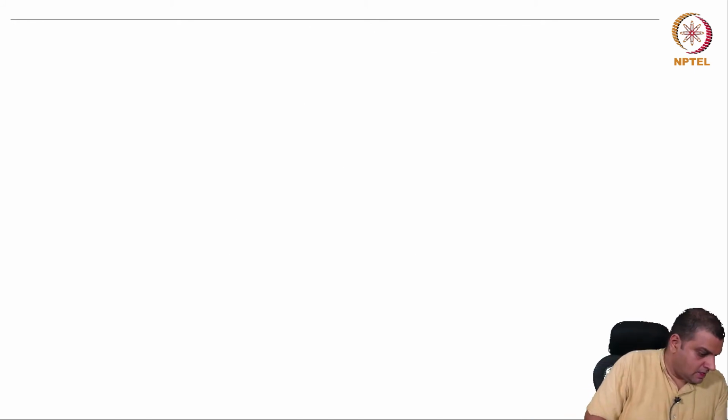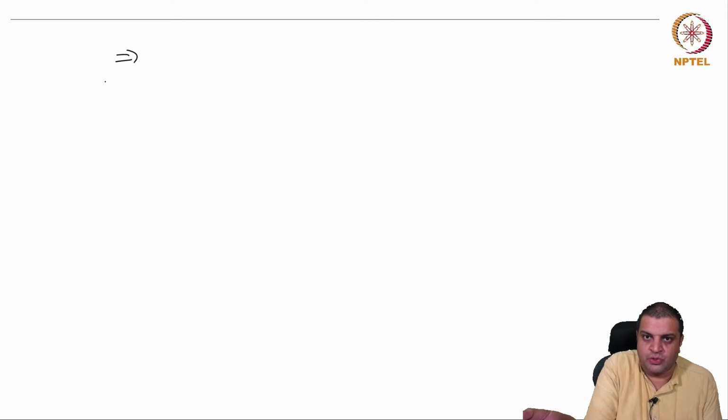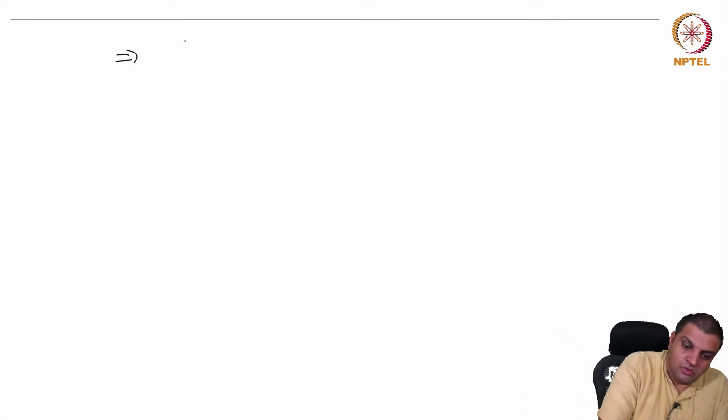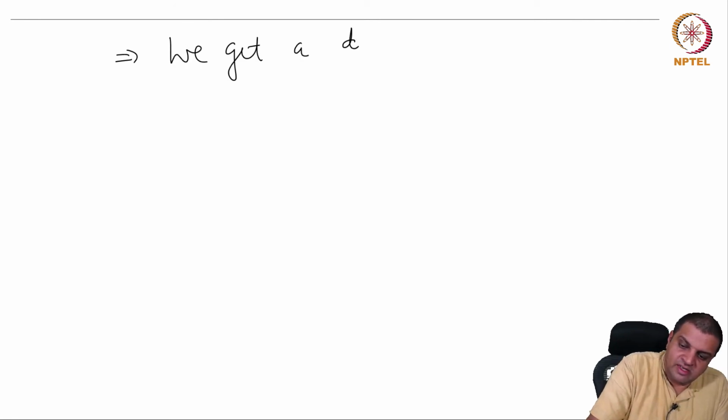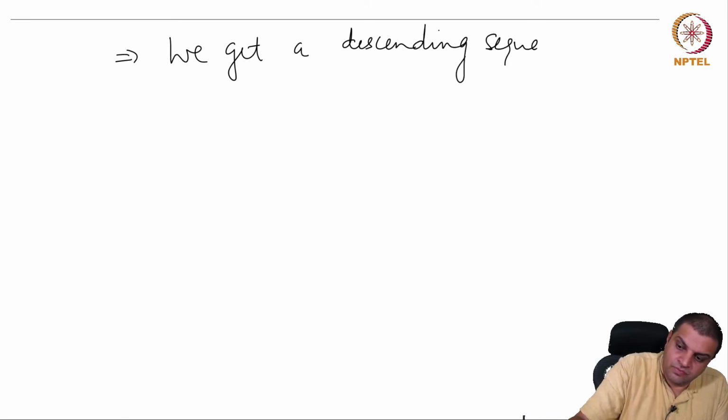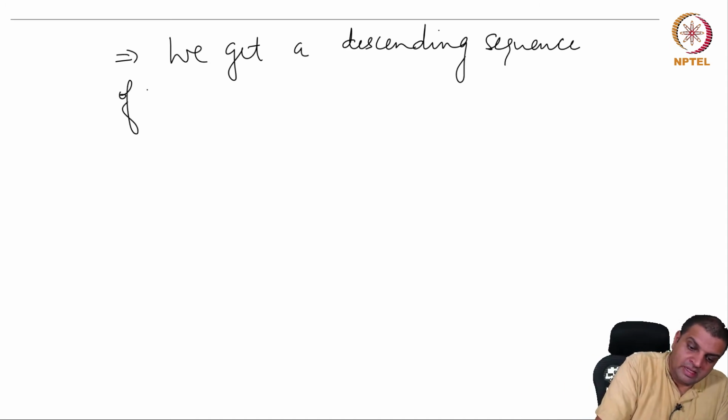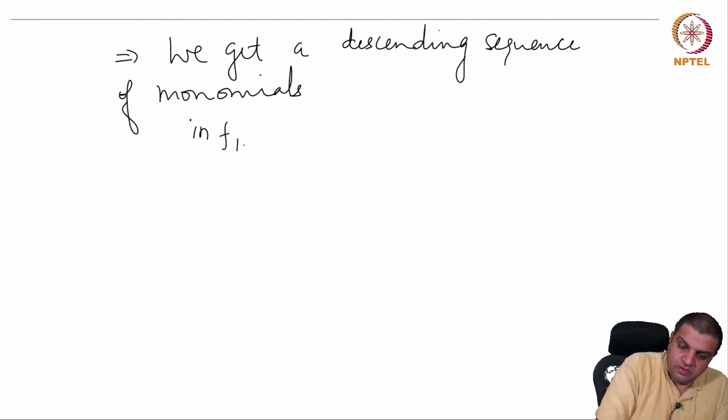Let's understand that. All the fi's have to be non-zero, because any zero polynomial is already in the ideal generated by the G's. So the fi's are non-zero, and we get a descending sequence of initial monomials of the fi. The initial monomial is always with respect to the given order.